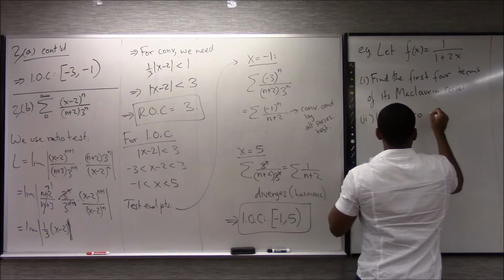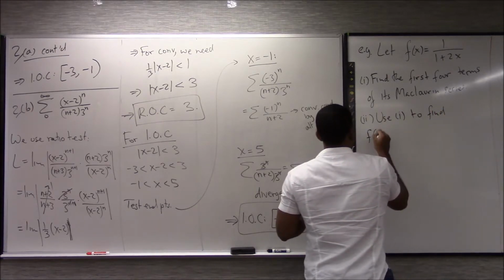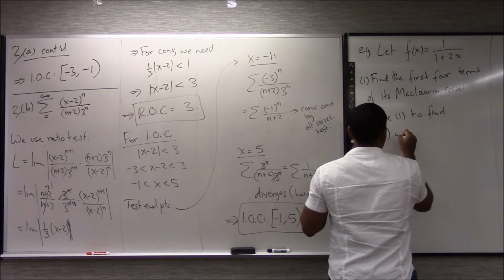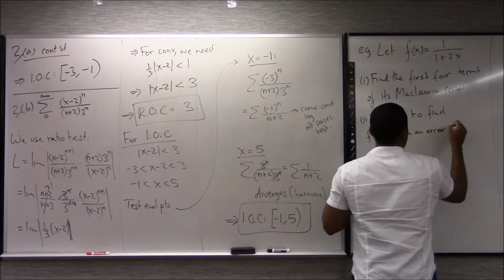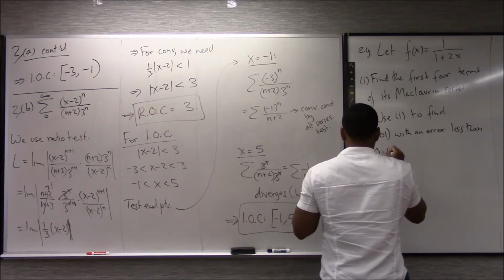Use 1 to find f of 0.01 with an error less than 0.001.